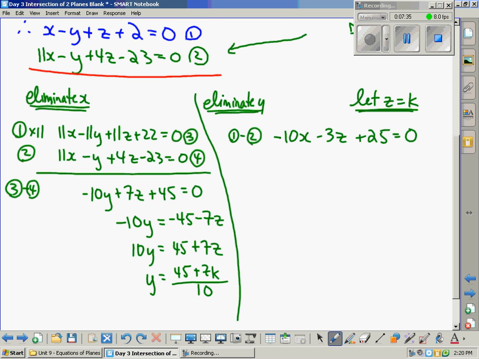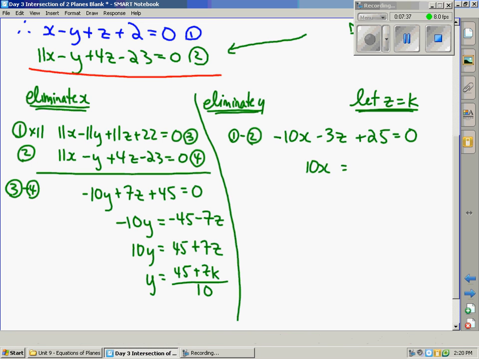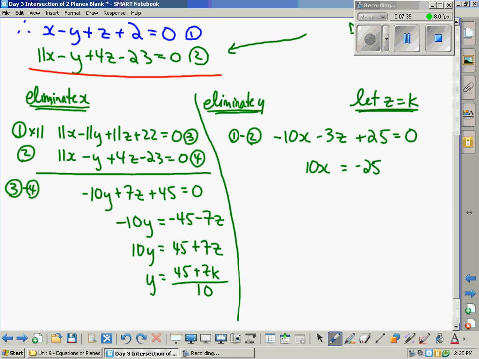Isolate for x. Sorry, negative 10x equals negative 25 plus 3z. Oops, I didn't mean to put k in right yet.